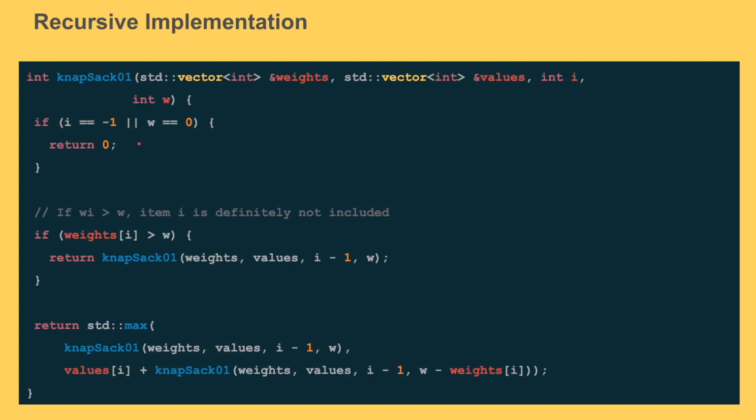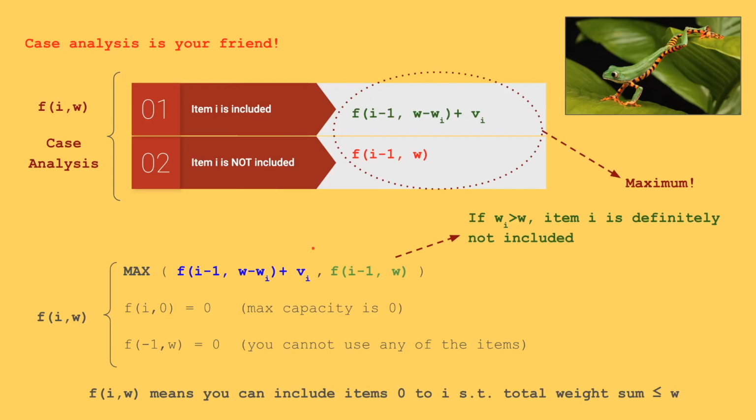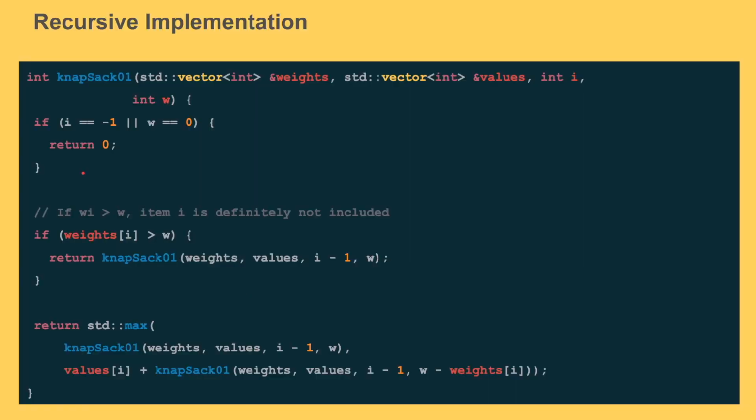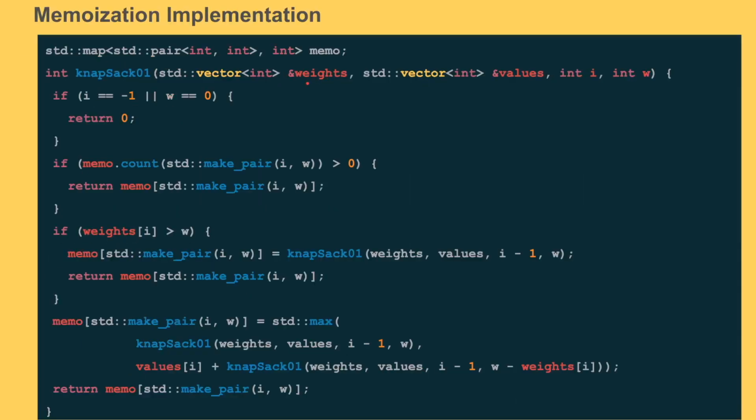So this is our base cases, and this is our case analysis. And there's this special case for when we know WI is greater than W, in which case we are definitely picking this case, because if WI is greater than W, we know that item I is definitely not included. We don't have to take the maximum. So this is a direct translation.